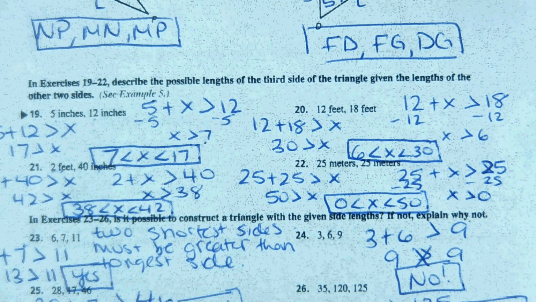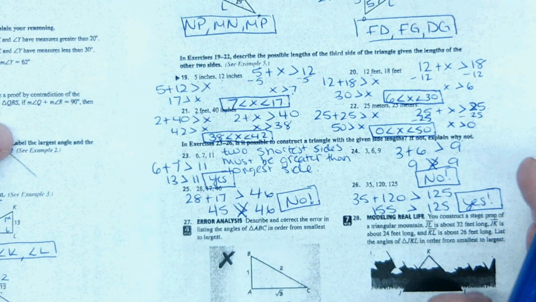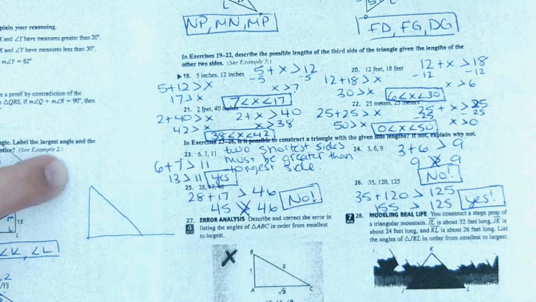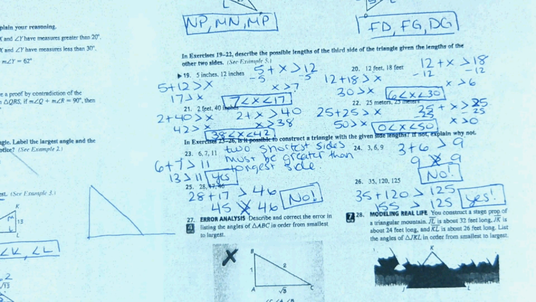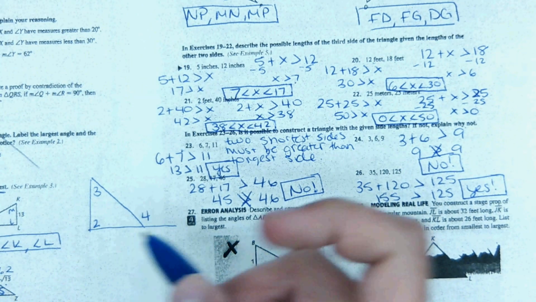And then one more thing I want to show you because it's in the homework questions. So it's kind of like a review. So let's say a triangle like this. And let's say you have angles like 2 and 3 and 4.